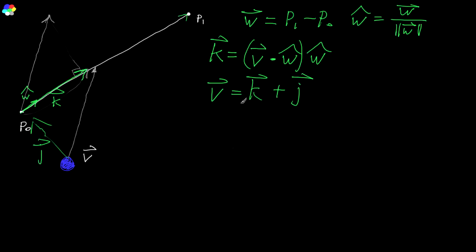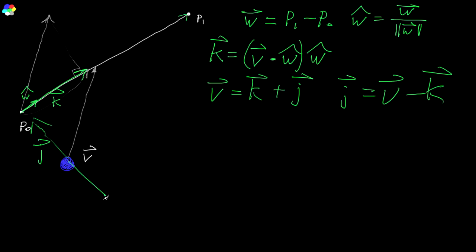Now we know K, we know V, we don't know J, but we want to know J. So it's just simple algebra, right? J is equal to V minus K. Beautiful. Okay, so now we know the component going into the wall.